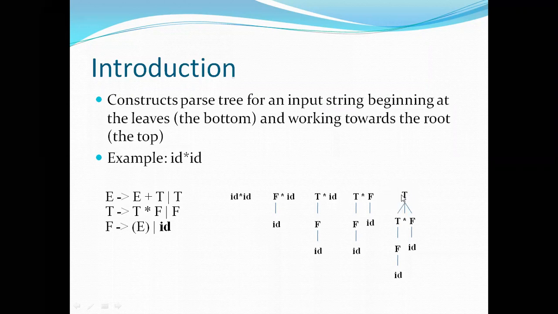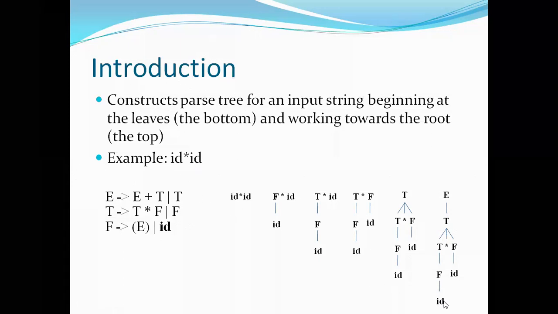So for this T, do we have a production with it on the right hand side? Yes, we do. This T is replaced with the left hand side non-terminal, that is, T is replaced with E. So we are getting the string id star id.